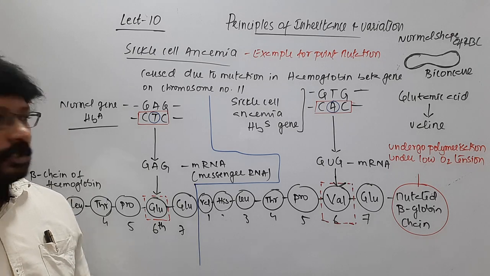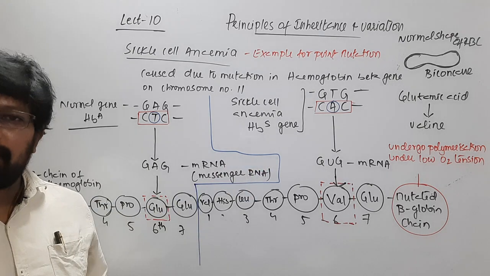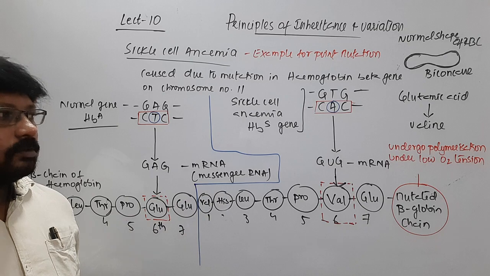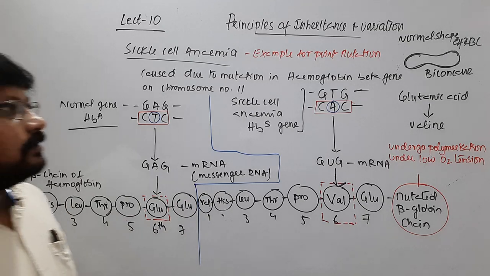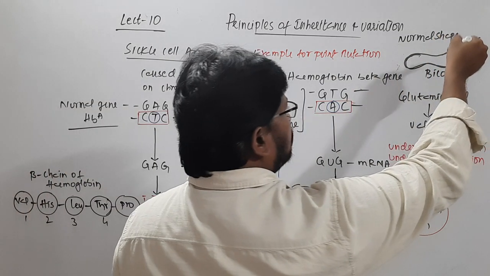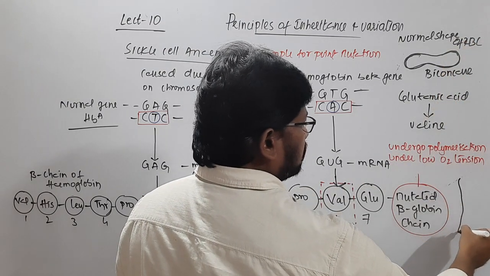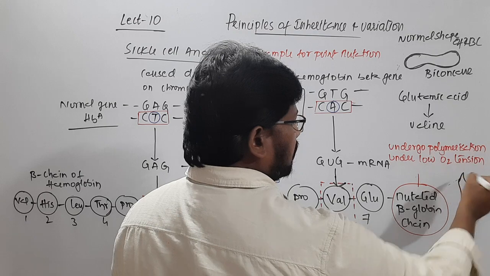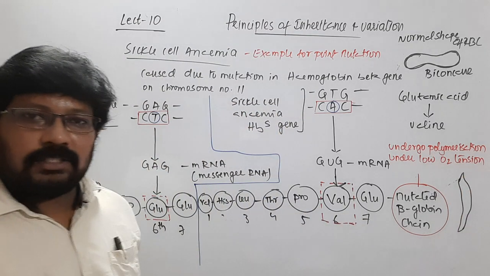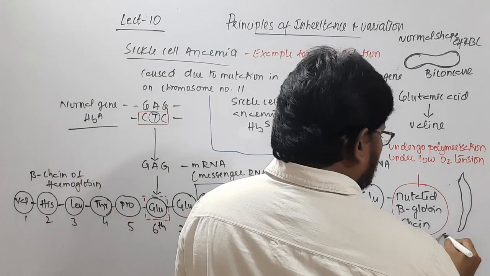But due to polymerization of hemoglobin molecules due to low oxygen, the shape changes from the biconcave condition to an elongated shape in this way. This is what we call the sickle shape.